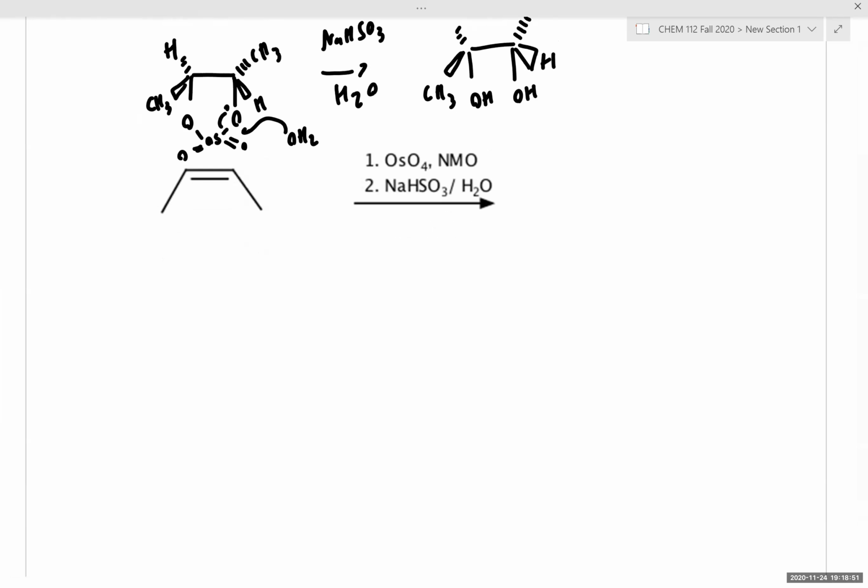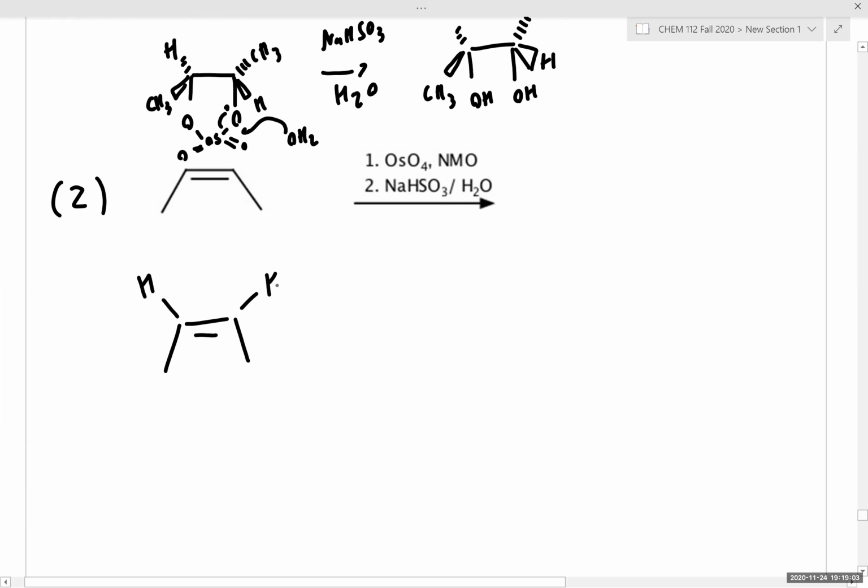what we're now going to look at is the reaction of a Z alkene under dihydroxylation conditions. So just like before, we have our alkene and our osmium adds in a syn manner to our alkene.